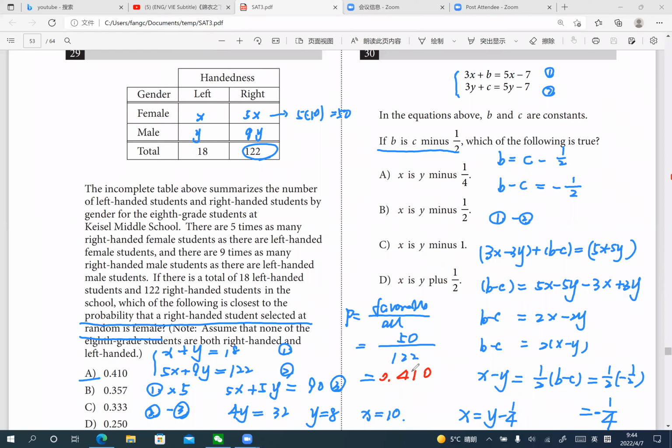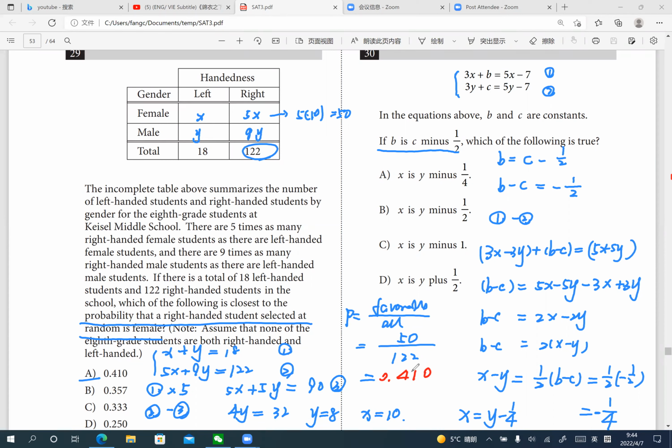Question 29. The incomplete table above summarizes the number of left-handed students and right-handed students by gender for the 8th grade students at Castle Middle School. There are 5 times as many right-handed female students as there are left-handed female students.